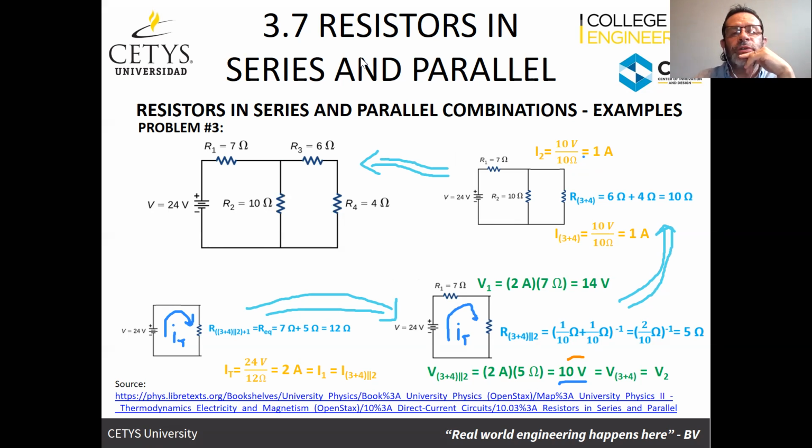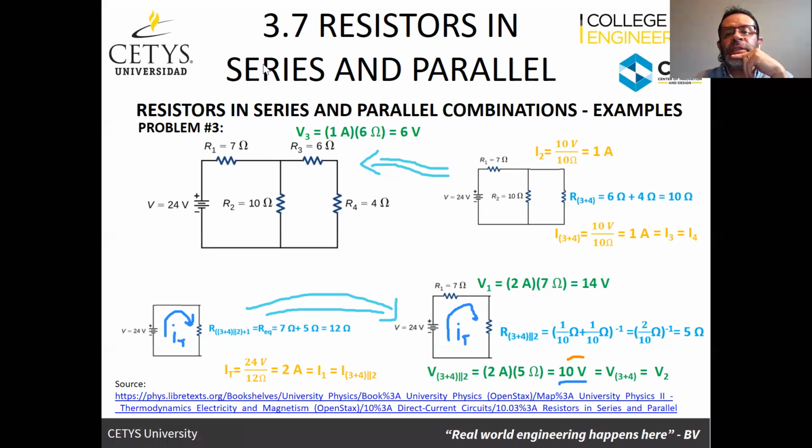And so we can also do those calculations. We divide R3 and 4, which we know is a combination of these two. We already know the current that's going through 3, 4, which is 1 amp.